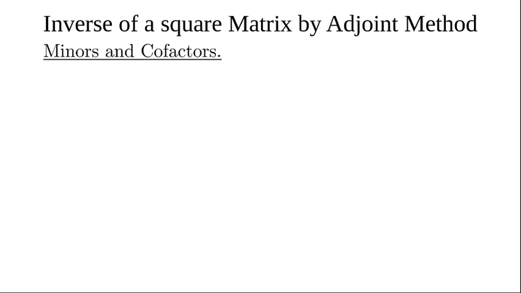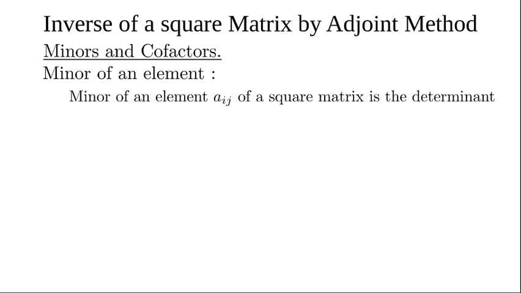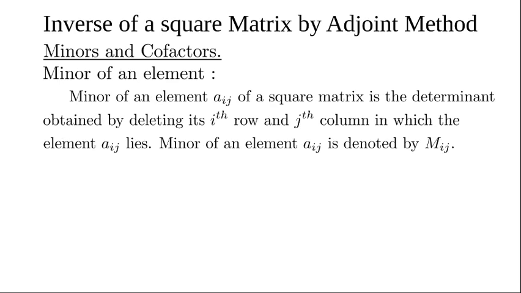First, minors and cofactors. Minor of an element Aij of a square matrix is the determinant obtained by deleting its ith row and jth column in which the element Aij lies. Minor of an element Aij is denoted by Mij, that is the minor of the element belonging to ith row jth column.